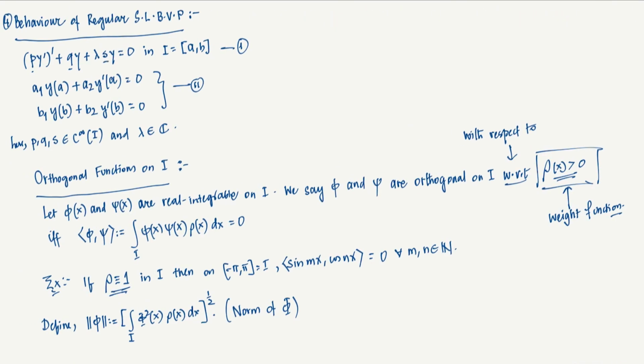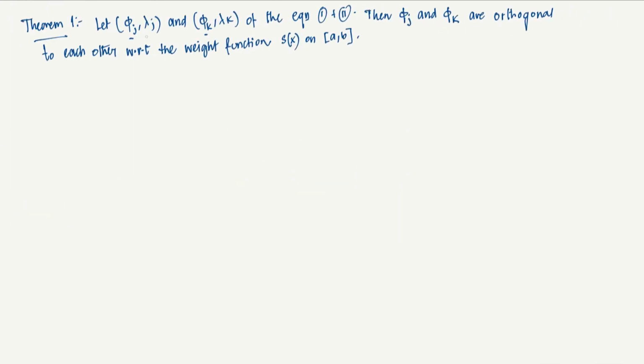You see this S. This S is a part of 1 and 2, right? And depending on this x, we can get the two eigenpairs. What we are trying to say here is that the two eigenfunctions phi j and phi k are going to be orthogonal to each other, and that is with respect to the weight function s of x.